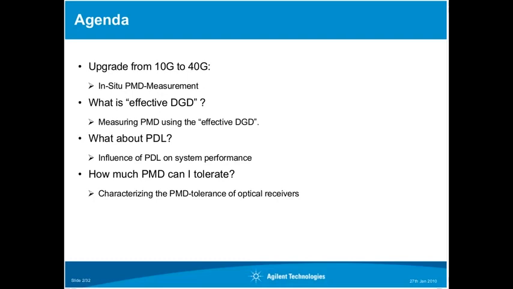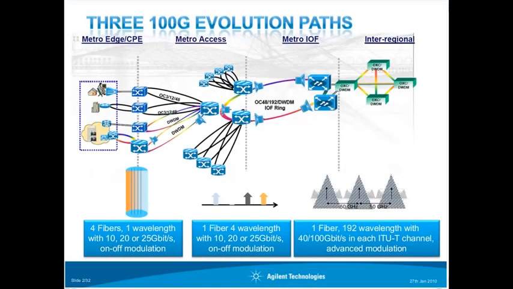And when it comes to dynamics, there seems to be a black hole; people really do not know how to efficiently test the PMD tolerance of the systems. And so actually there are no agreed standards at the moment, and so we are trying to work together with our customers to find a good way to characterize the PMD tolerance of the optical receivers. So let's move on.